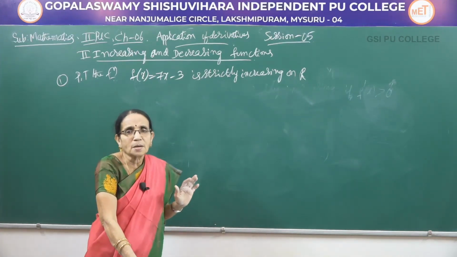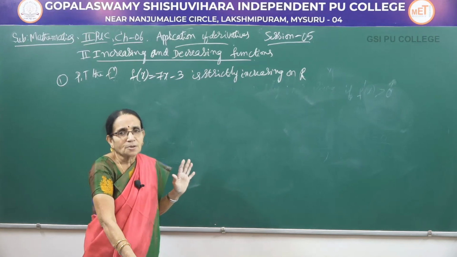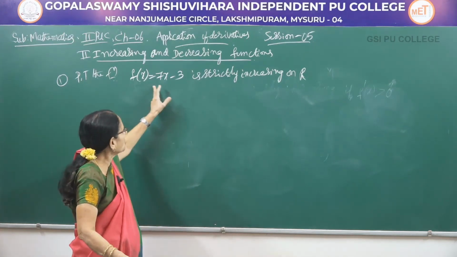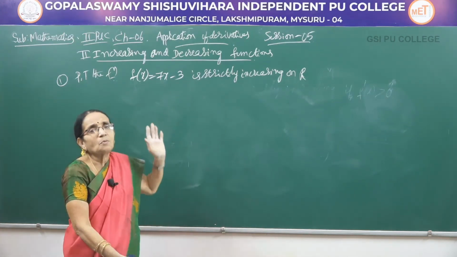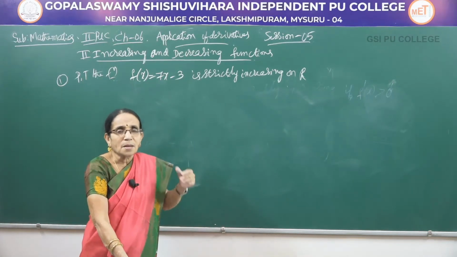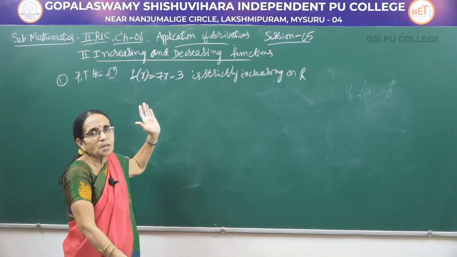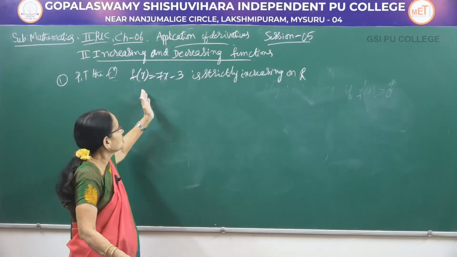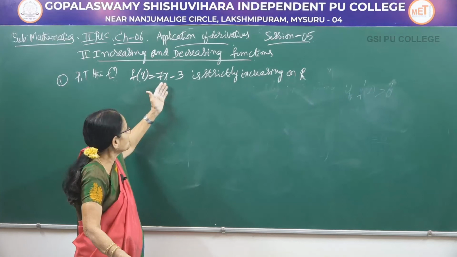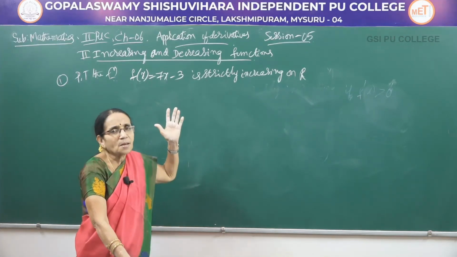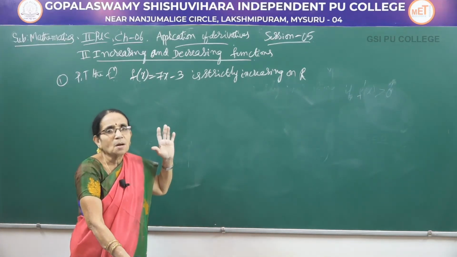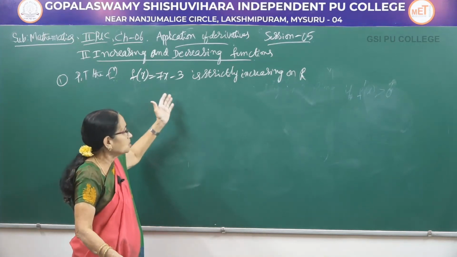What do you mean by R here? R means it is the set of the real numbers. You observe here, you can give any value for x here, isn't it? Any real value for x here, you will be getting some real value for f of x, isn't it? So, f of x equal to 7x minus 3, it is a continuous function. Already you learnt about the continuity of the function.